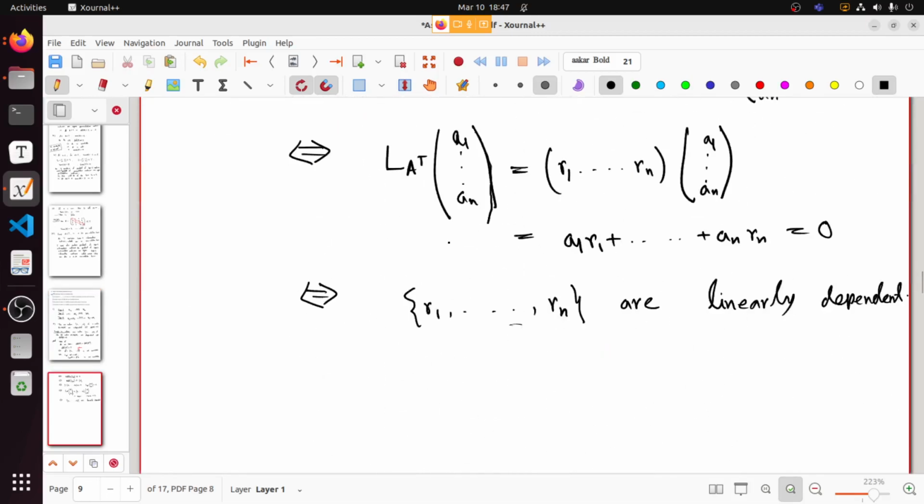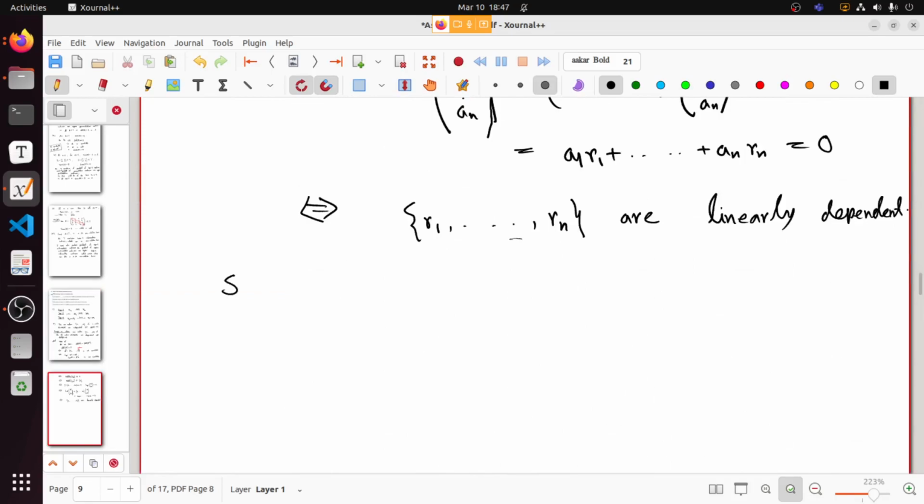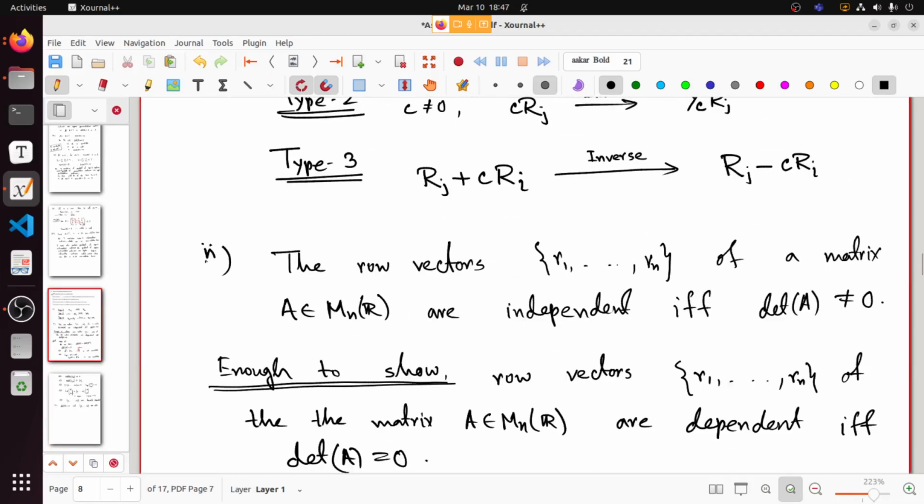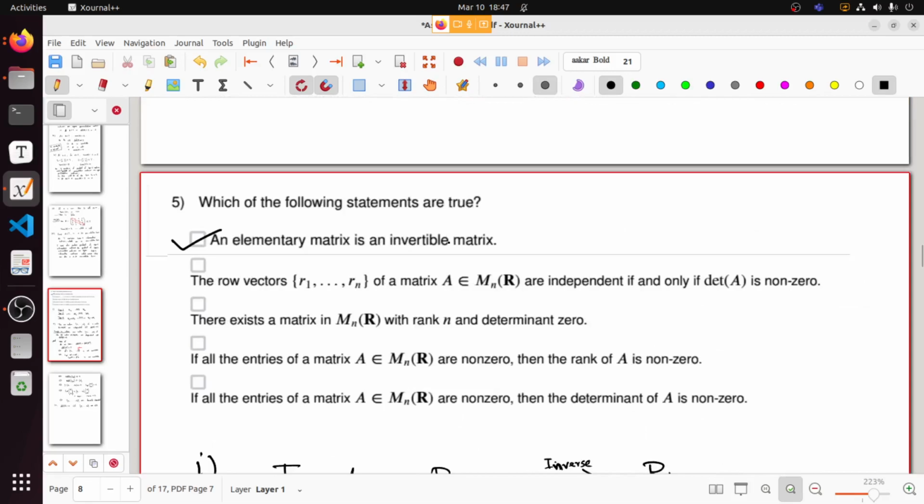So the determinant of A is 0 if and only if R1, R2, Rn are linearly dependent, right? So it proves this claim, which means option number 2 is correct: row vectors of the matrix are independent if and only if the determinant is non-zero. So option number 2 is correct, right?